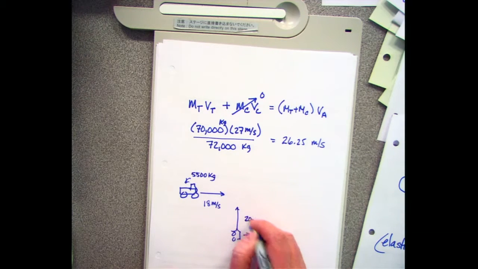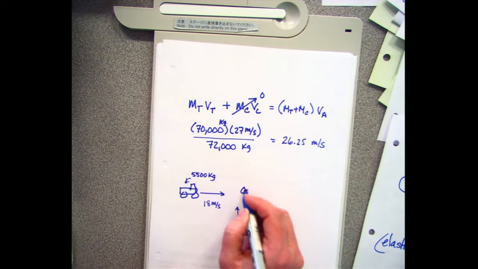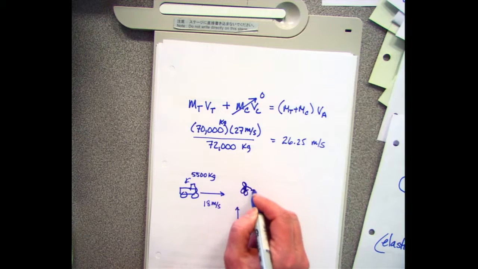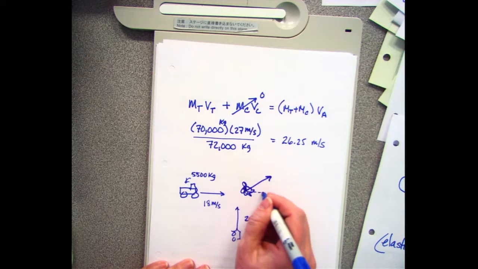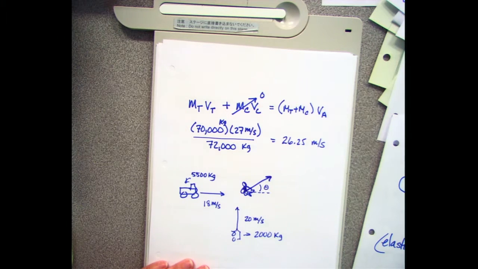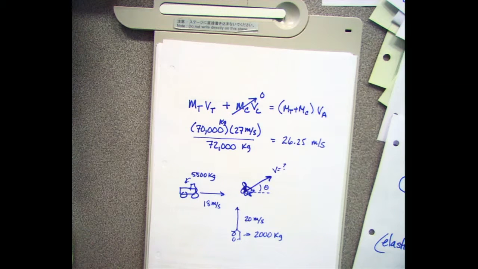We'll say it's traveling at 20 meters per second. We come to the intersection, they lock up, they're together, we've got to smash this way, and they skid off together like that. So we're going to make the assumption that it's totally scrunched up. They're going to go off at an angle and a velocity, and we want to figure that out.